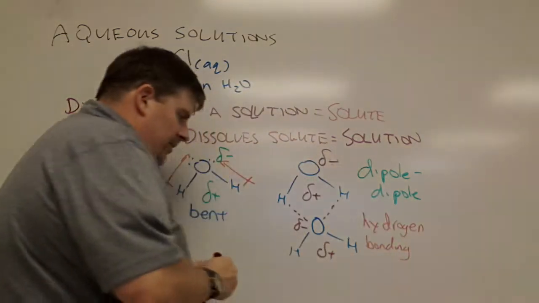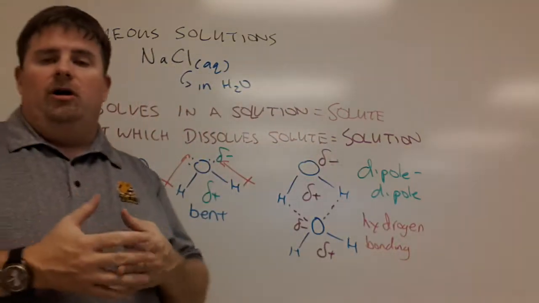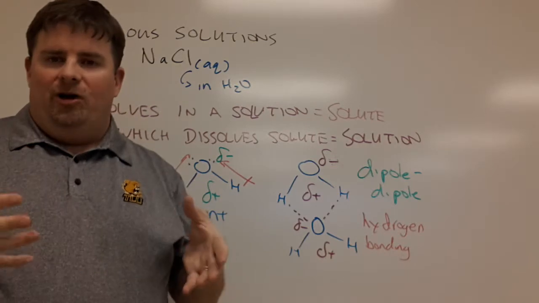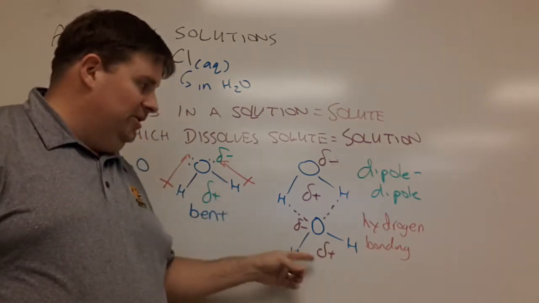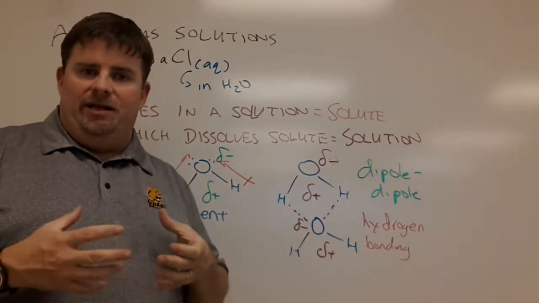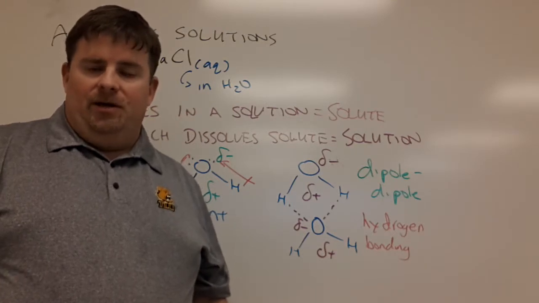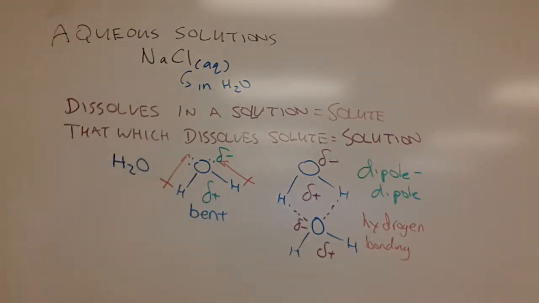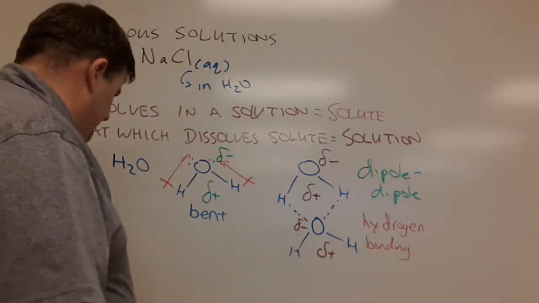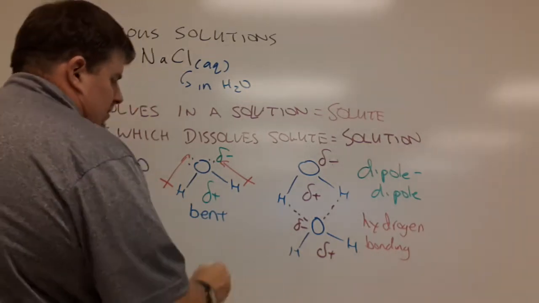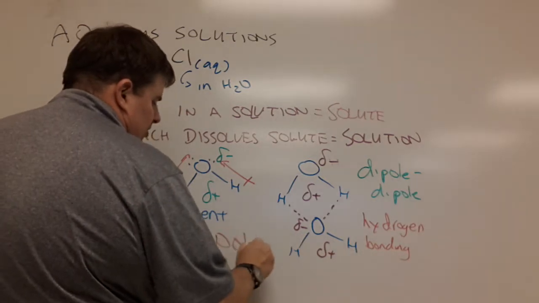Okay? And because of that hydrogen bonding between the water molecules, this is why water only weighs 18 but boils at 100, because you have to overcome all of this stickiness that's going on there. Okay? So this is called a polar molecule. So we can consider these molecules to be polar.